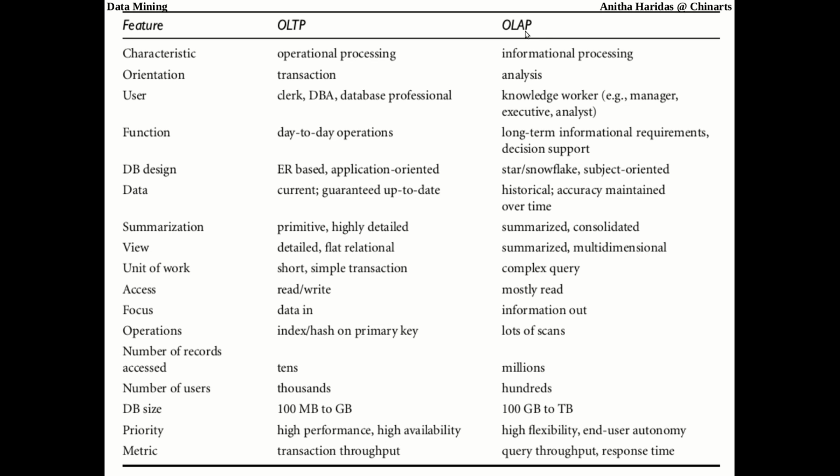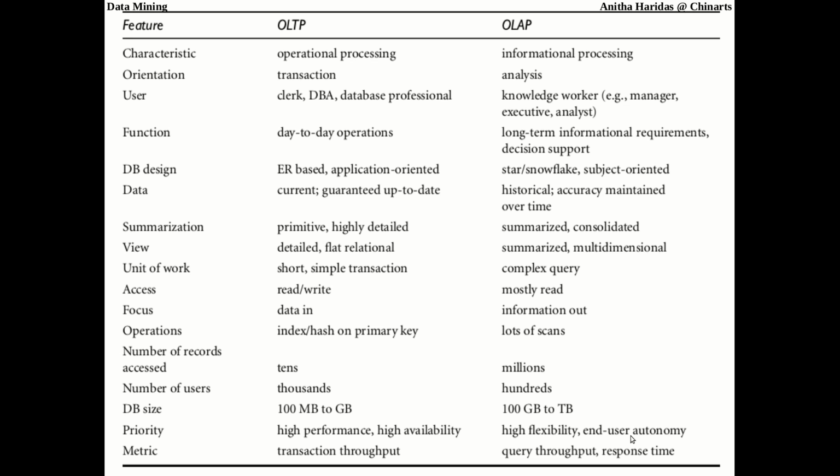But OLAP is going to have the priority given to flexibility, how flexible your analysis can be. So I have one set of data, I want to do analysis 1, and using the same data whether I can do analysis 2 also. So this kind of flexibility must be there for analytical processing.